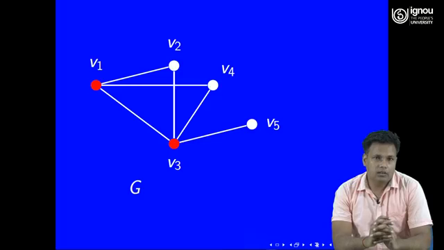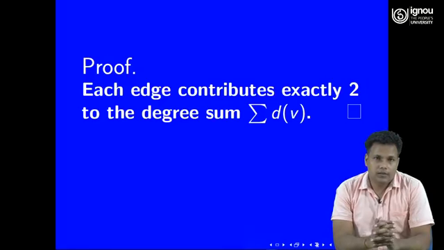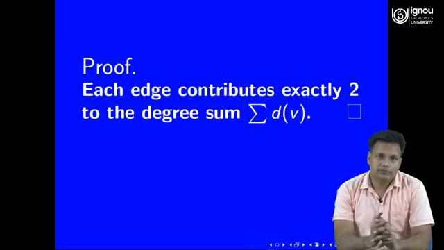So for each counting, every edge is counted exactly twice. This means that if we sum all the vertex degrees, that quantity must be exactly twice the number of edges. So the proof is very simple. Each edge contributes exactly 2 to the degree sum, and hence the result.